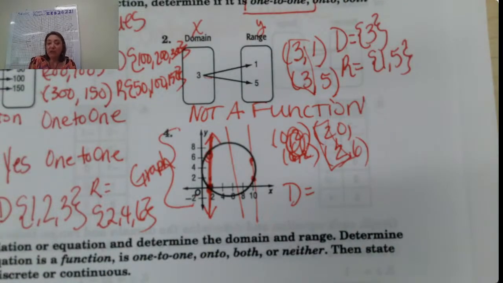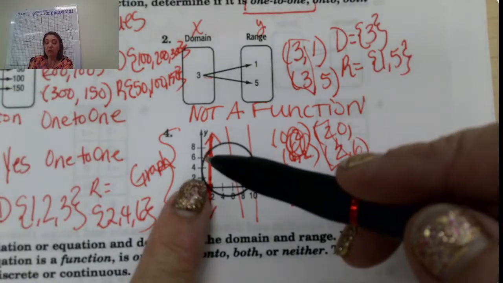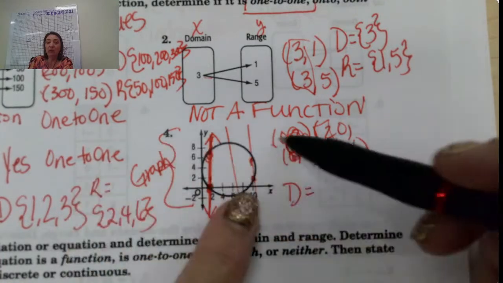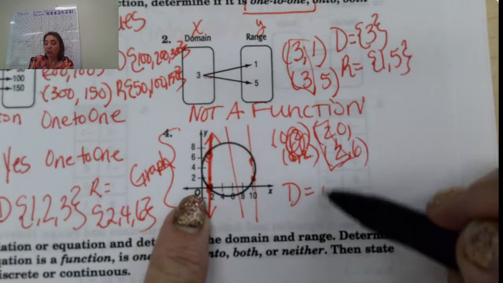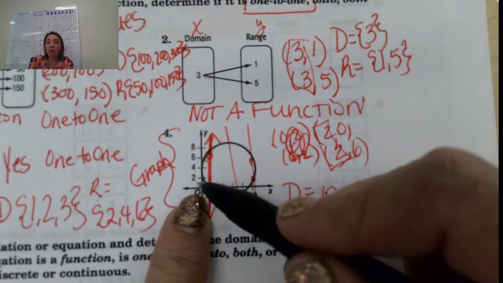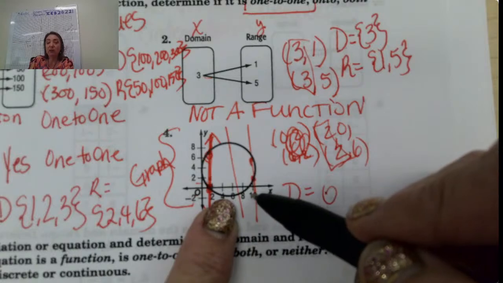So this one is a little harder because you're not going to be listing specific numbers. This one you're actually going to give a range of values. What is the smallest x that this could be? What is the smallest number you have going side to side? 0. So 0 is your lower limit, right? And then your upper limit is how far do you get this way?